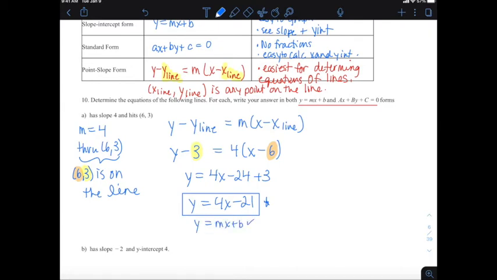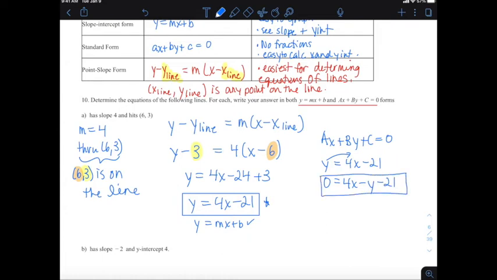Now I want to put it into ax plus by plus c equals 0 form, which is actually really easy to do from here. So all I'm going to do is bring the y to the other side and put it in the order of ax plus by plus c equals 0.